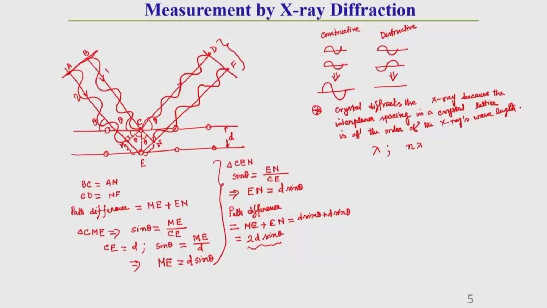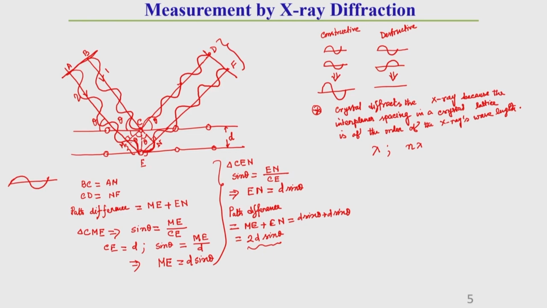So in case of destructive diffraction, to get these things, what should the pattern be? Here you see, it should pass through like this, and after that it should pass through like this, correct. Then only it can go into this lattice spacing.